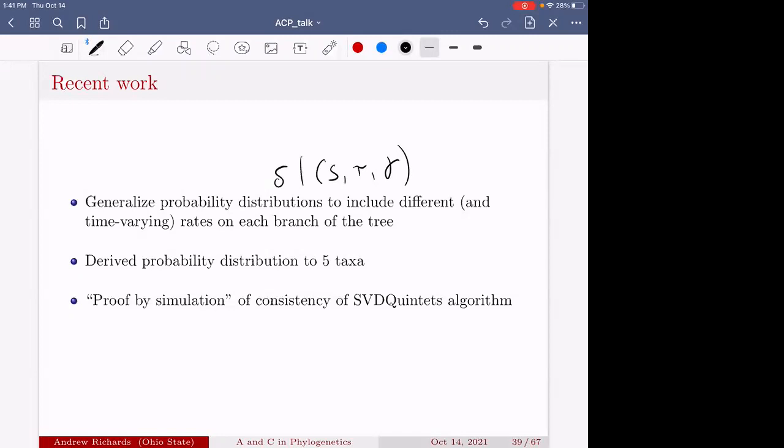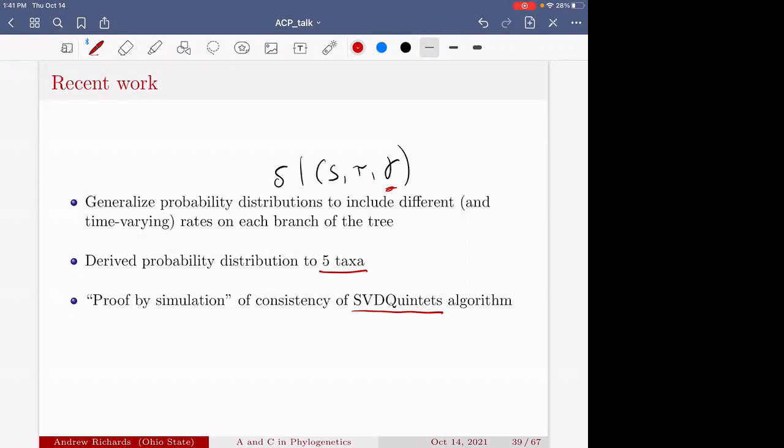So we found the probability distribution, but we're still working on getting a statistical inference method because we don't have good estimates for the rates. We've also extended deriving the probability distribution from 4 taxa to 5. So now we have the probability distribution for 5-taxon trees, which was quite a lot of work. From that, we've got a start on an SVD quintets algorithm instead of SVD quartets.